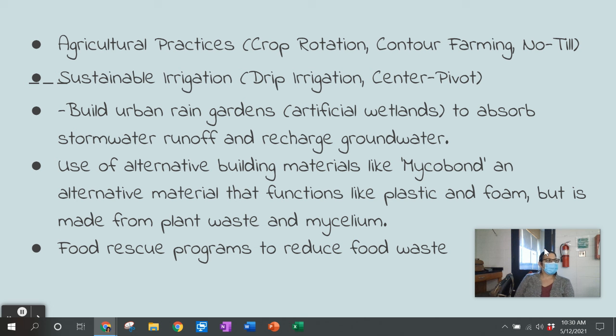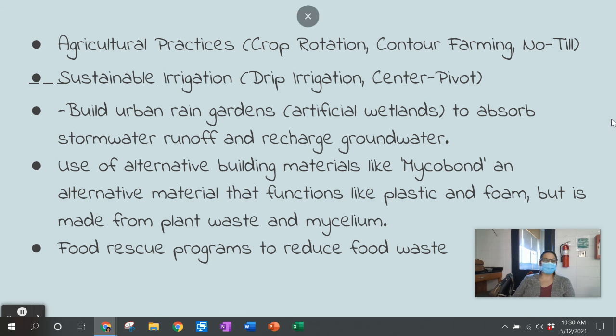Keep it simple, but make sure there's detail. If you're going to say something like use an alternative building material, make sure you give an example. Okay, Mycobond is an alternative material that functions like plastic and foam, but it's made from plant waste and mycelium. Mycelium is the roots and all of the underground of mushrooms.